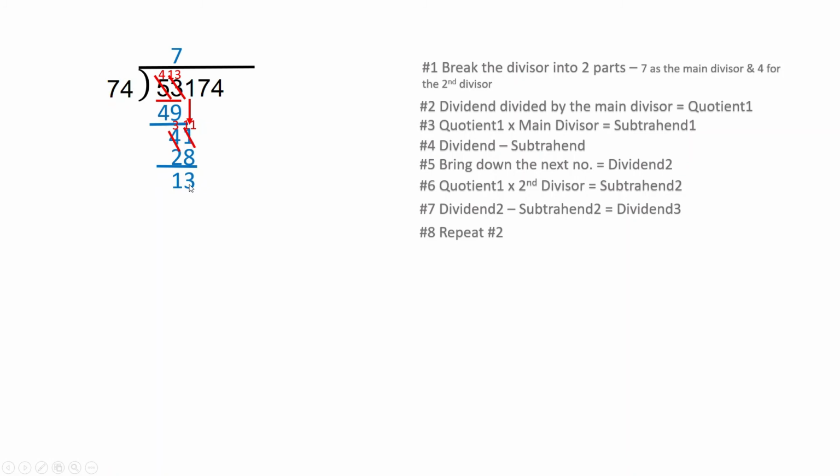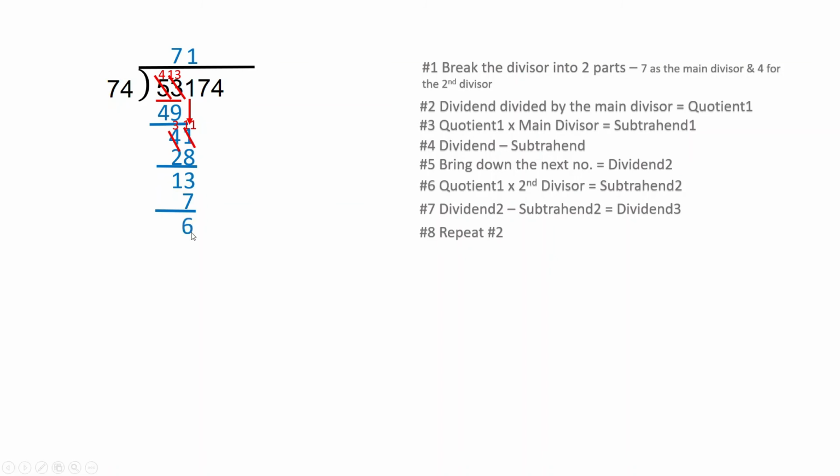So, yung next step naman natin is, ulitin lang natin yung step number 2. So, 13 divided by the main divisor 7 is equals to 1. And 1 times 7 is equals to 7. So, 13 minus 7 is equals to 6.